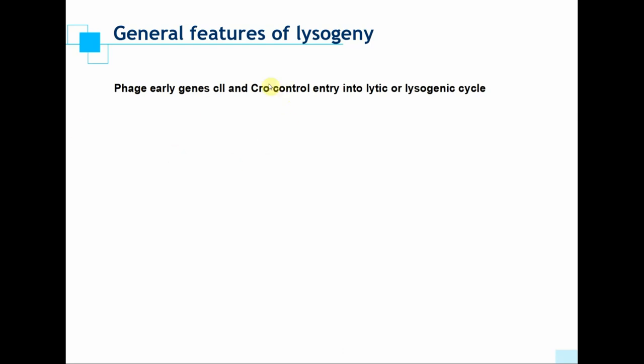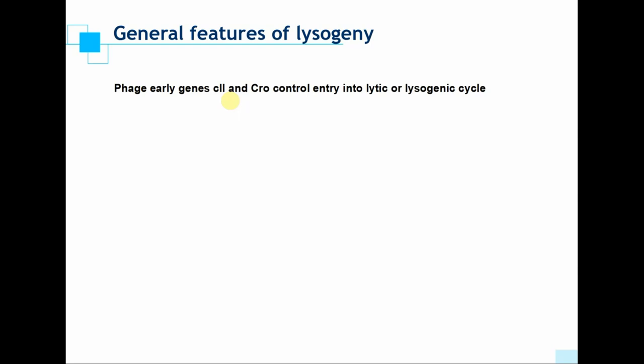If you have an excess of the CRO protein, then the phage will go into a lytic cycle. If you have an excess of the C2 protein, then the phage will go into a lysogenic cycle and not kill the bacterium. In a lot of cases, the C2 protein is often degraded by host cell proteases.